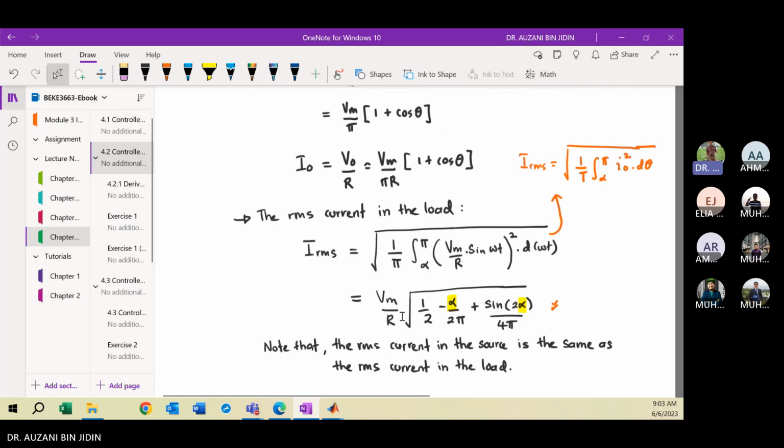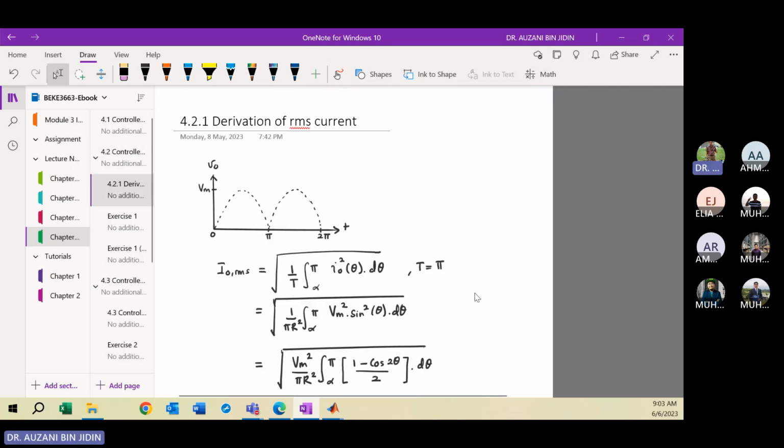Okay, so then how to derive this equation? You can see the derivation on the next page. So this is the way you derive the equation. For the case of R load, a purely resistive load, maybe you can change this one as IO.